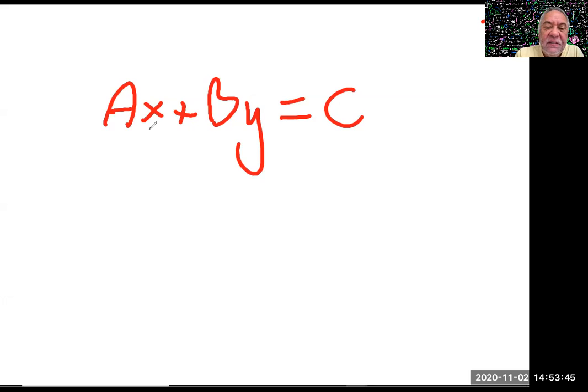So basically it's a cost or a value of something individually multiplied by how many for x, and the same thing for y, and it gives you a total value for c.